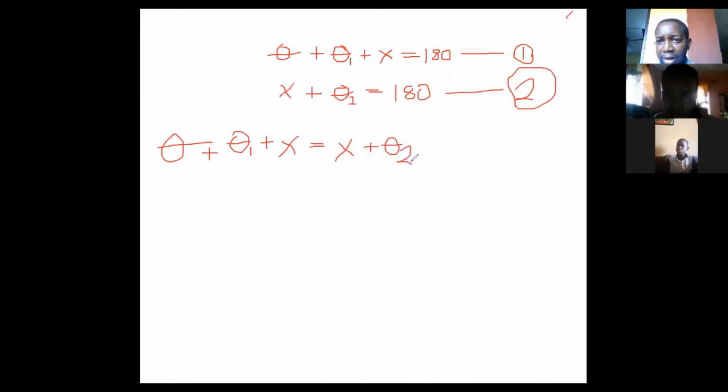Do you know what I mean when I say I will use equation 2 to replace, I'll replace equation 2 in equation 1.